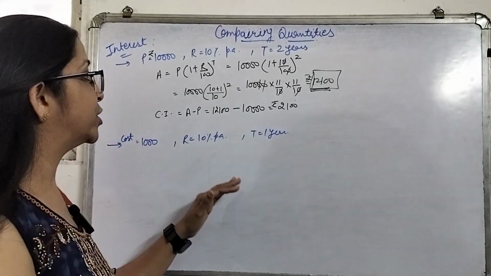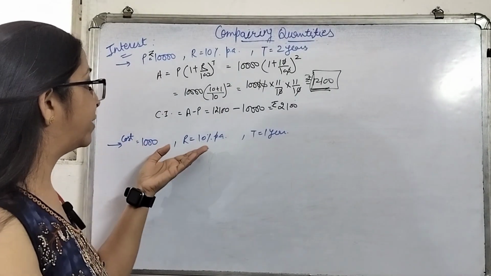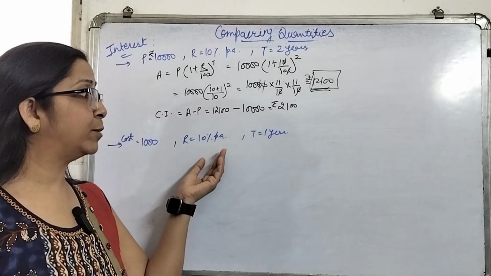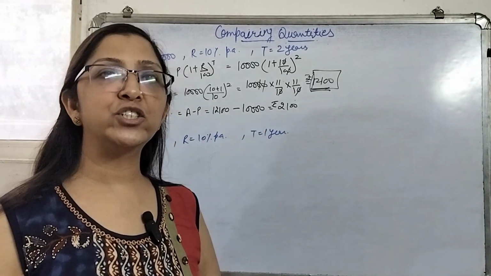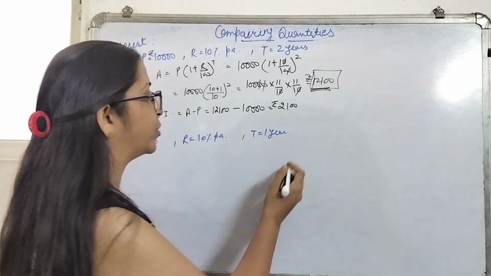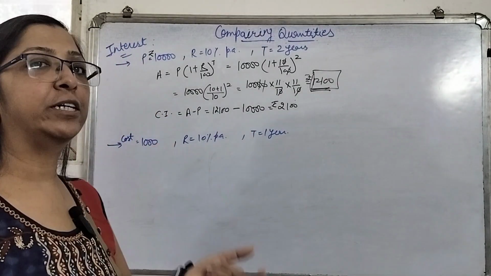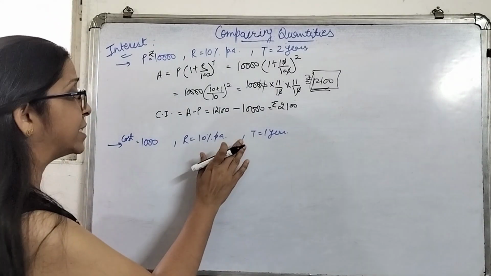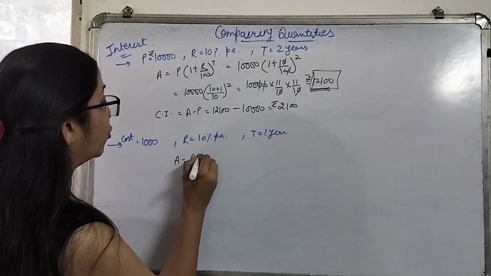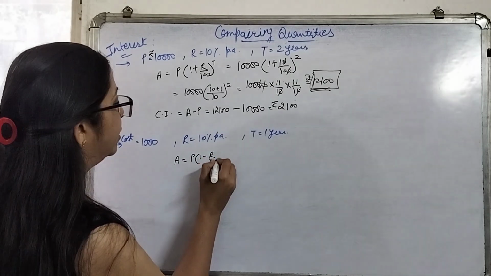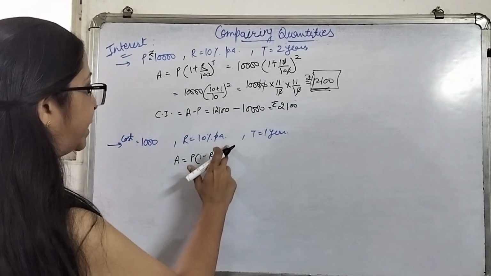But when it is depreciating, suppose the cost of a thing is 1000 rupees and the rate is 10% per annum, it is decreasing, it is depreciating, and the time duration is 1 year. So after 1 year, what will be the value of that particular article? If it is depreciation, the formula will be P times 1 minus R over 100 raised to the power T. Here T is 1 year, so we will take 1 only.